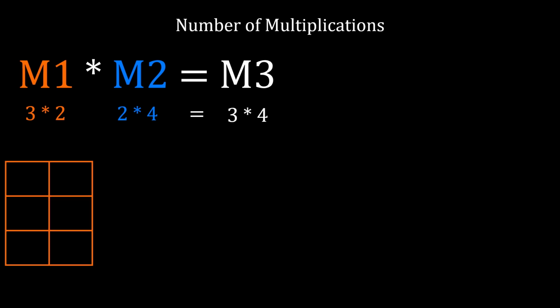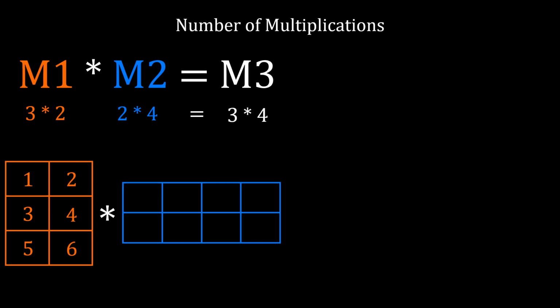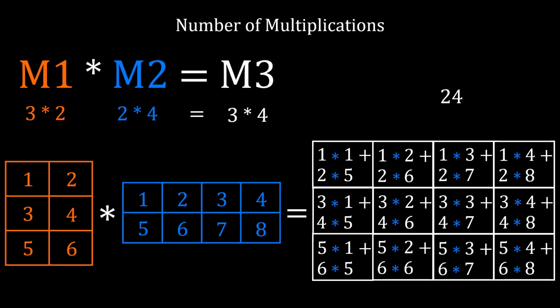For visualization purposes, we can fill the matrices with dummy data and we can see how many multiplications we actually need to perform to get the resulting matrix M3. It's 24 in this scenario, but we don't actually need to physically calculate the multiplications, and we don't need to fill the matrices with dummy data. There's a quicker way to get to the number 24 in this scenario.